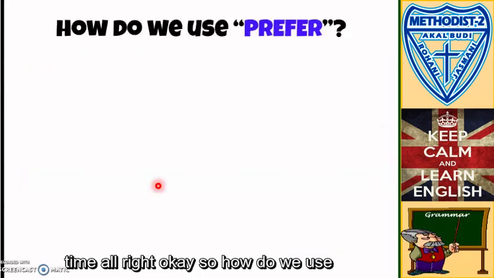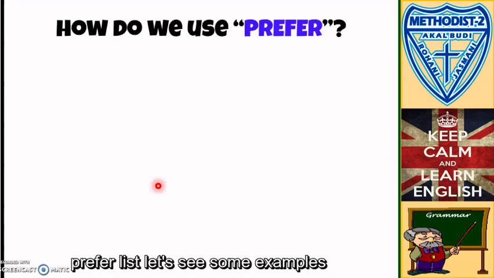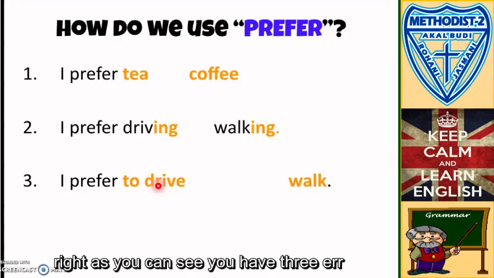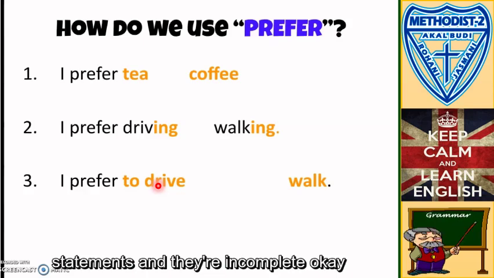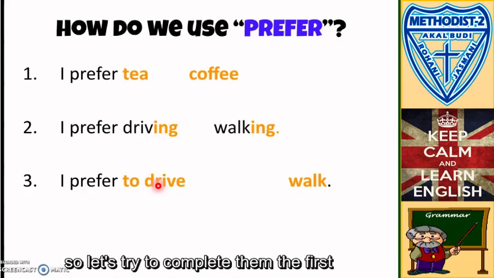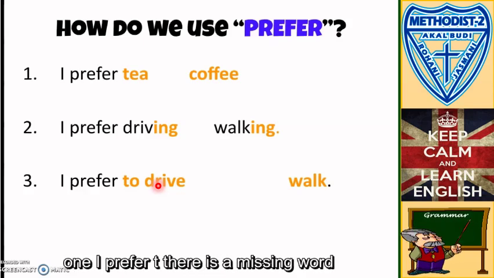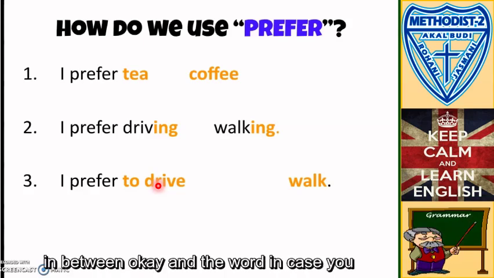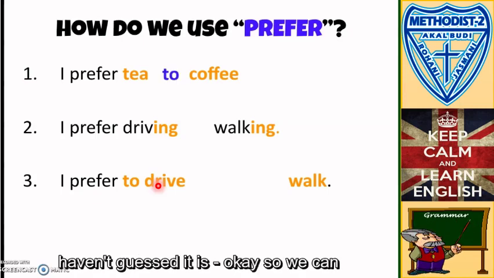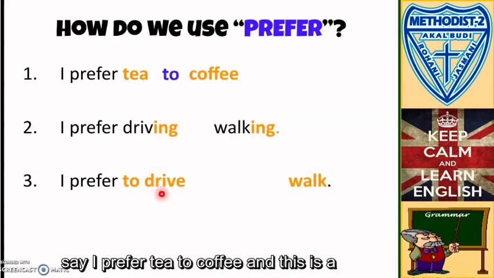So how do we use prefer? Let's see some examples. As you can see, you have three statements and they're incomplete, so let's try to complete them. The first one, I prefer tea, there is a missing word in between, and the word, in case you haven't guessed it, is to. So we can say, I prefer tea to coffee.